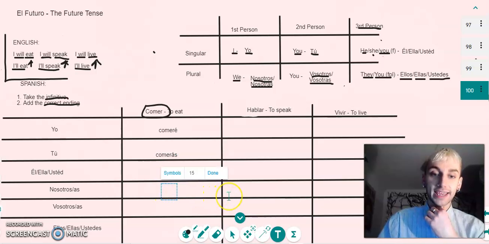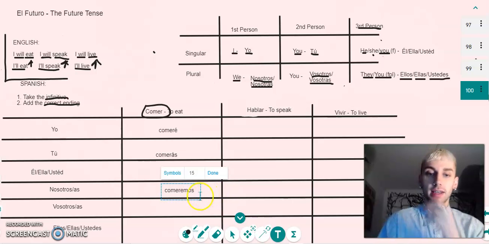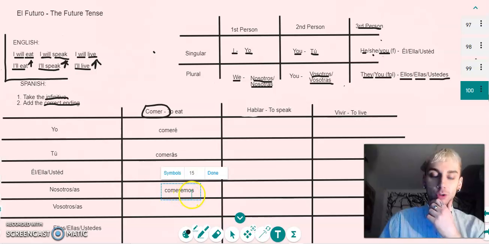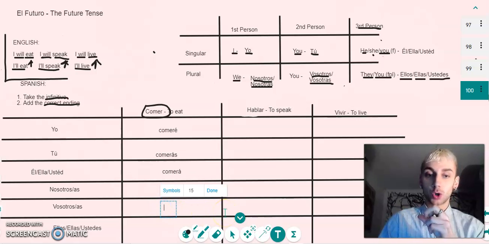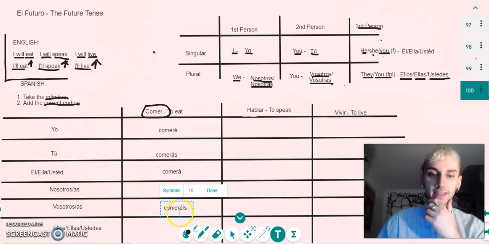Next we have we will eat, which would be comeremos. Here the ending is emos. Next we have vosotros or vosotras, and the ending here would be comeréis. Here the ending is éis.